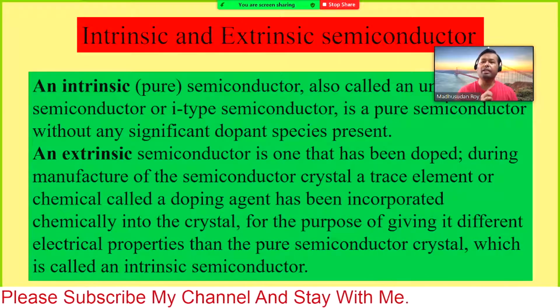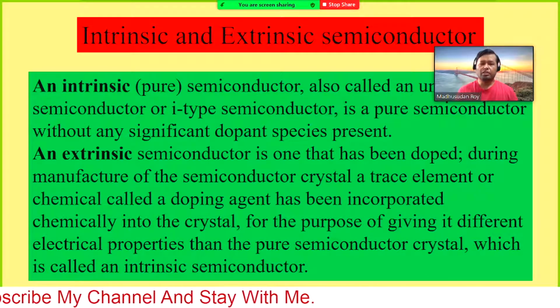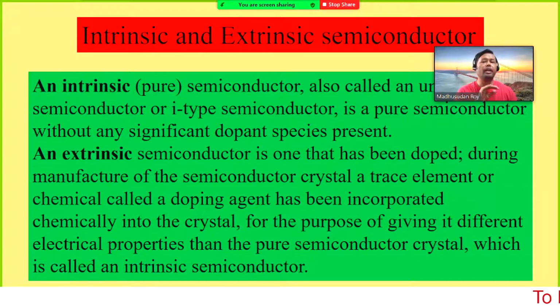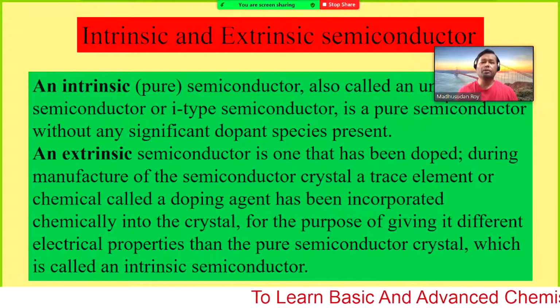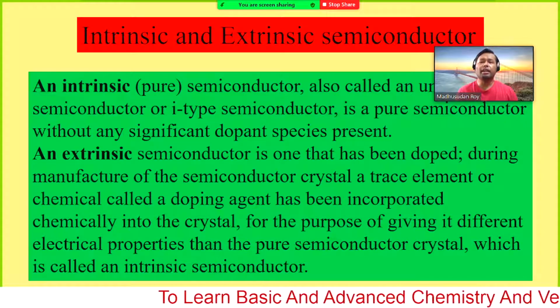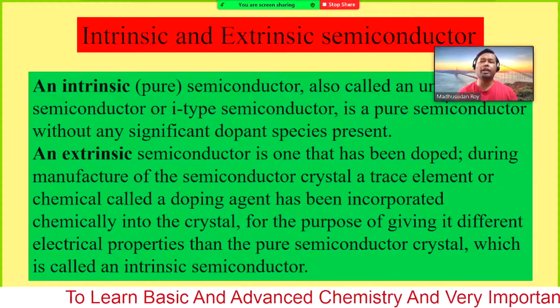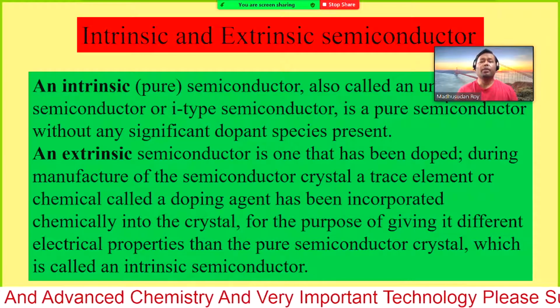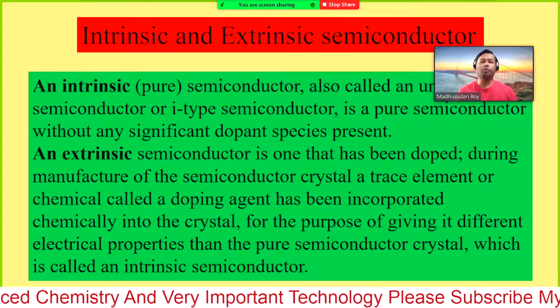The atom having 3 valence electrons, maybe aluminium or something like this, has 3 valence electrons instead of 4, whereas one silicon atom would have 4 electrons.